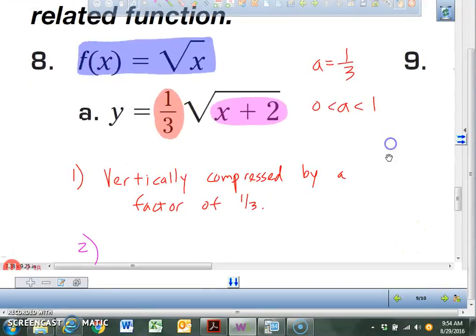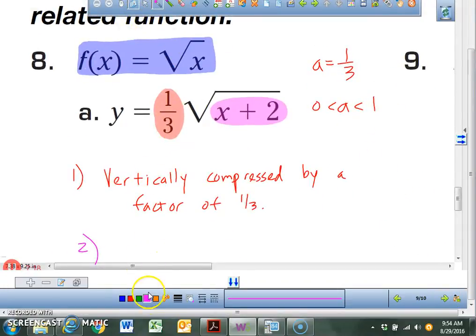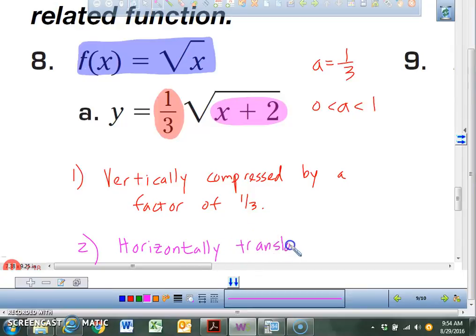So right here, we're going to say this is horizontally translated 2 units. And now we have to decide whether it's 2 units to the left or 2 units to the right.